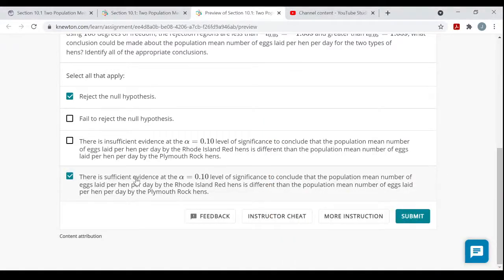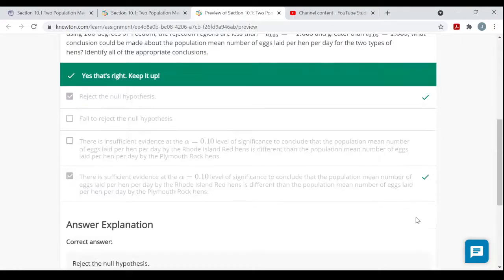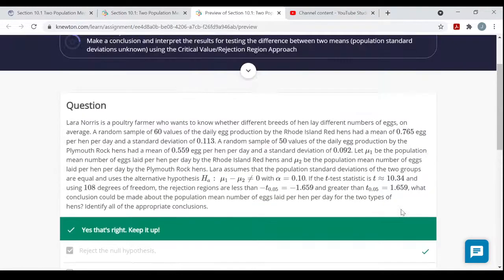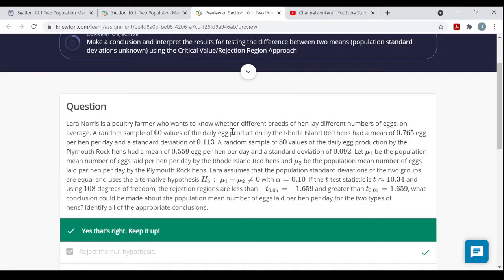There is enough evidence. There is sufficient evidence at alpha equals 0.10 level of significance to conclude that the population mean number of eggs laid per hen per day by the Rhode Island red hens is different than the population mean number of eggs laid per hen per day by the Plymouth Rock hens. And that's all. That's all we're asked to do when asked to make a conclusion and interpret the results.